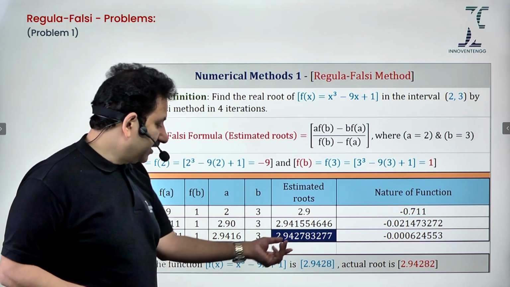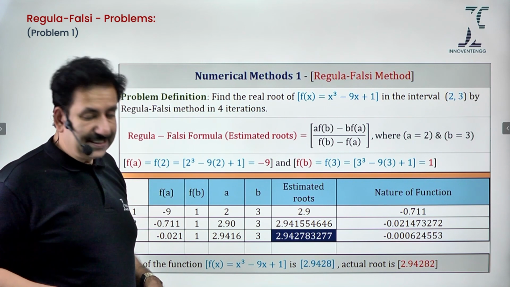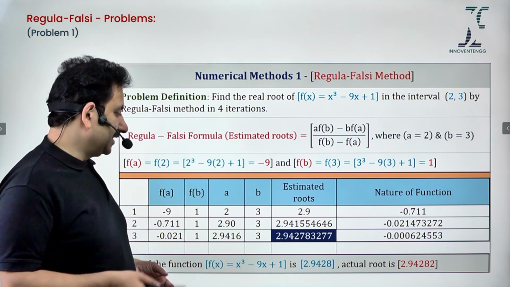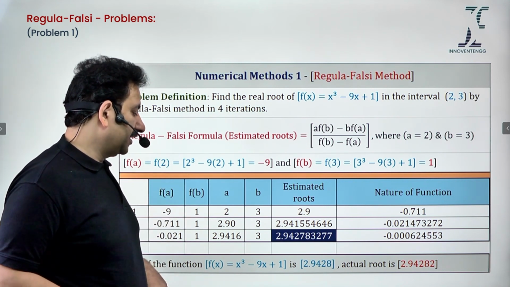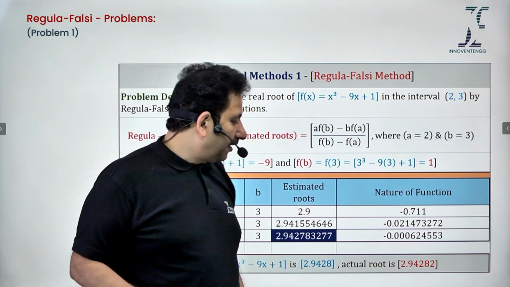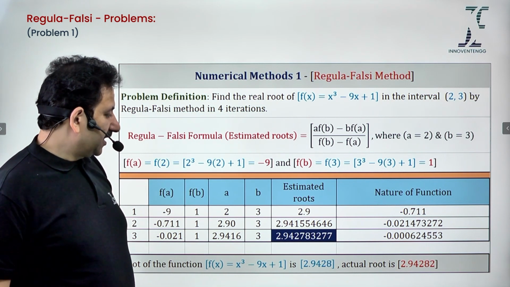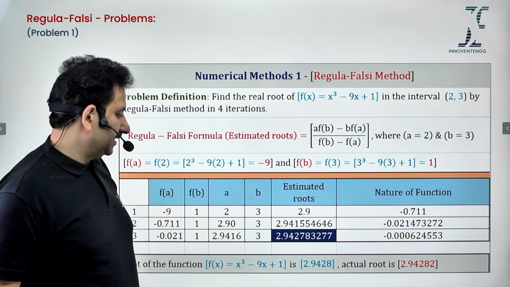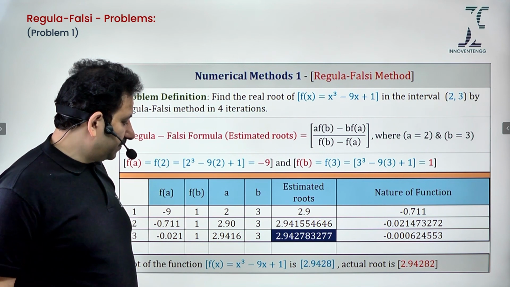So therefore, we could halt at this particular point and say that the estimated root is 2.9427. If you know the actual root, you can always see how your error is actually changing with every iteration. So that also could be checked.